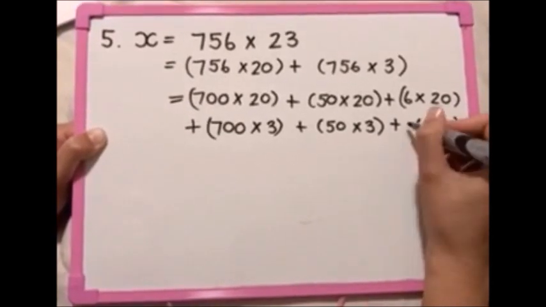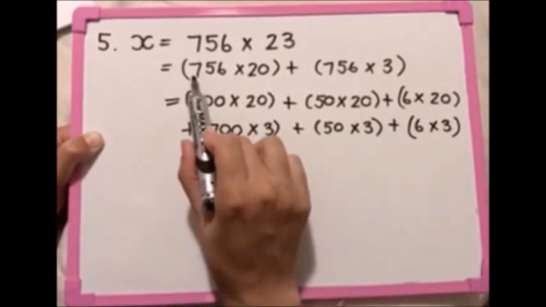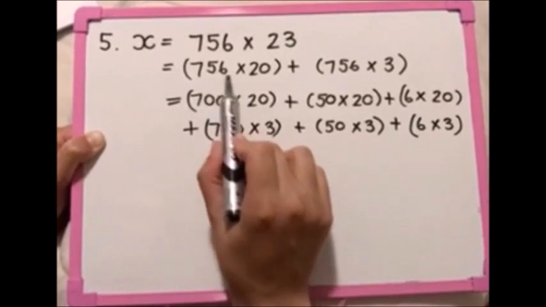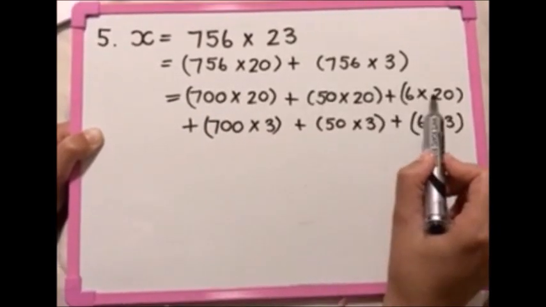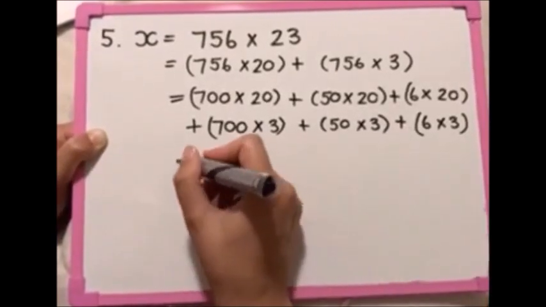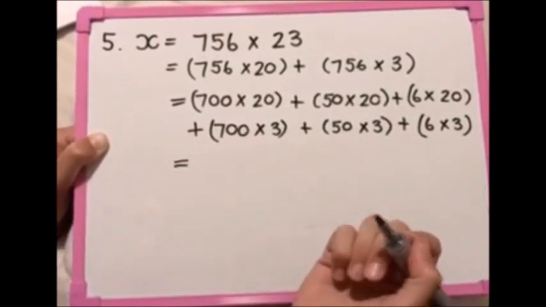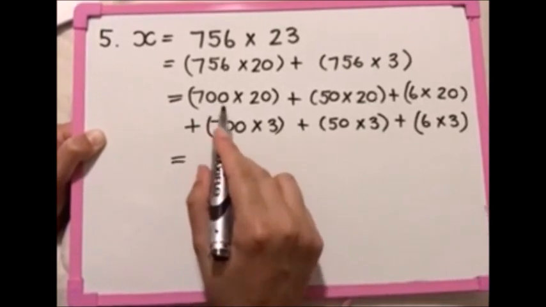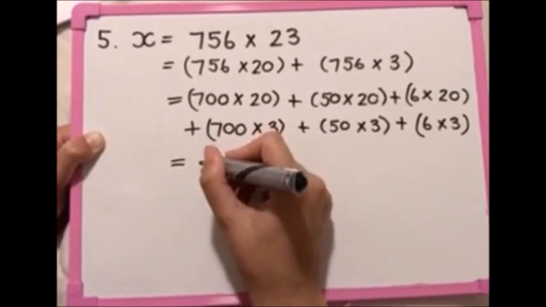Let's recap. We have broken up the 756 into 3 parts, and again 756 into 3 parts, and multiplied it by 20 and 3. Now we do each of those 6 sums.